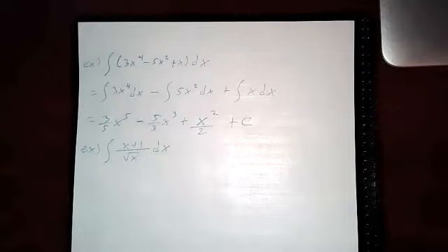First, I would go x plus 1 over x to the second power, or x plus 1 times x to the second power. Could you write it in standard form?